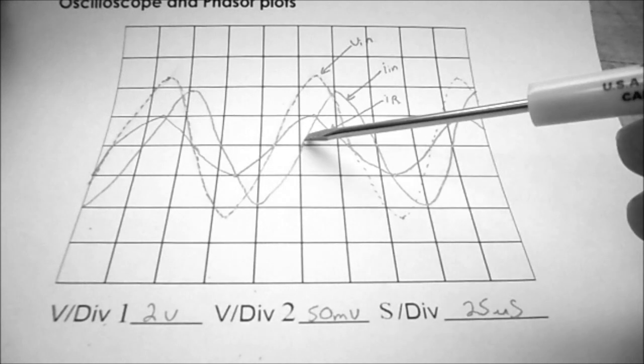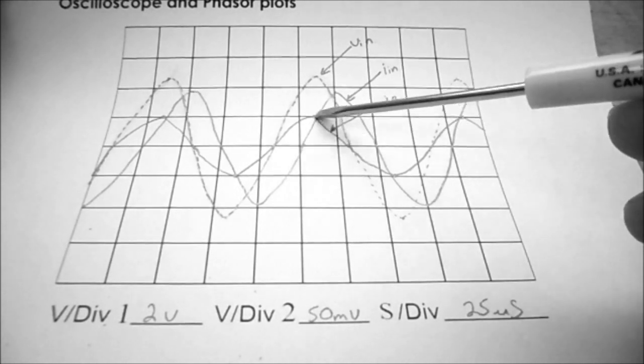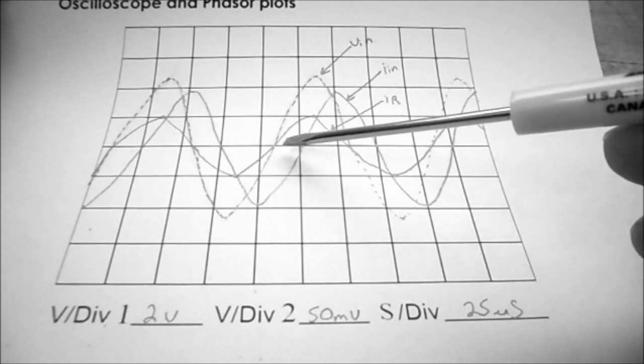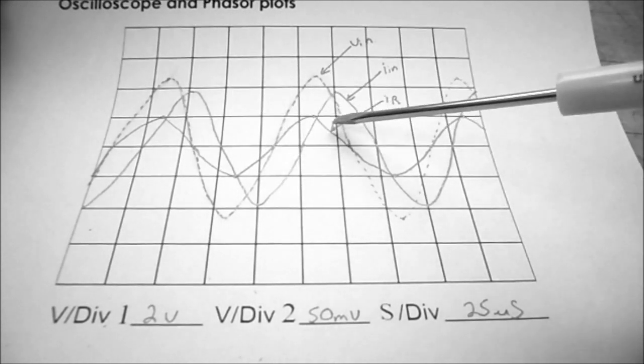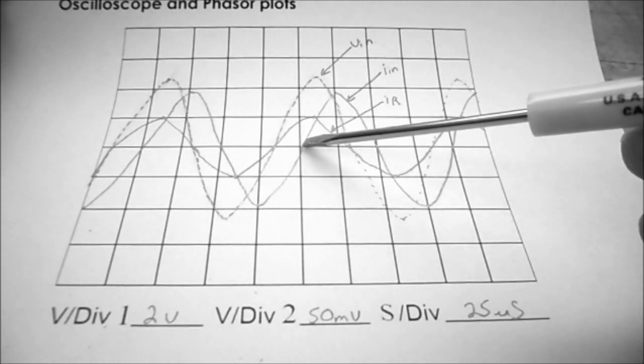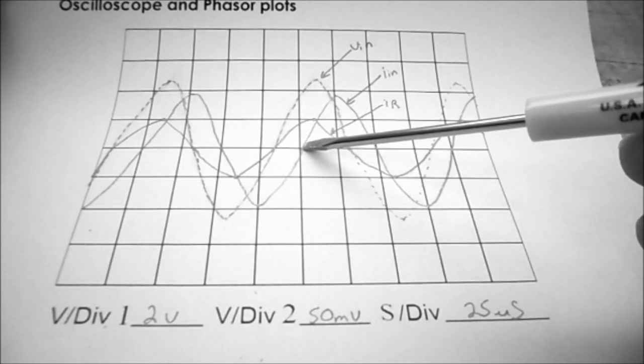So on my graph paper, going through my zero crossing is I in, and my next waveform is IR. So you can see IR leads I in.